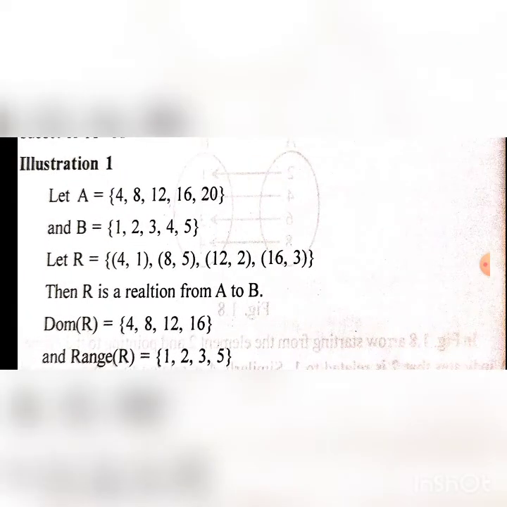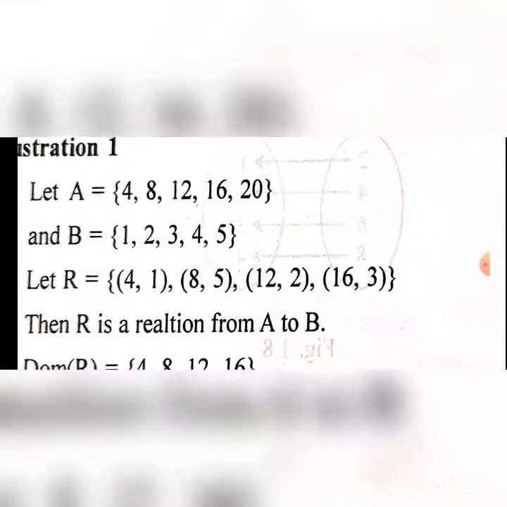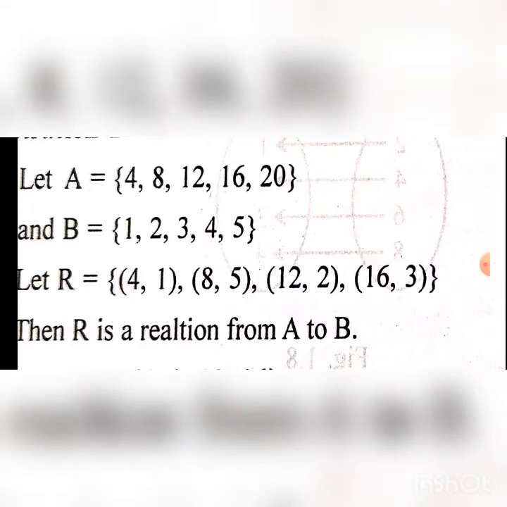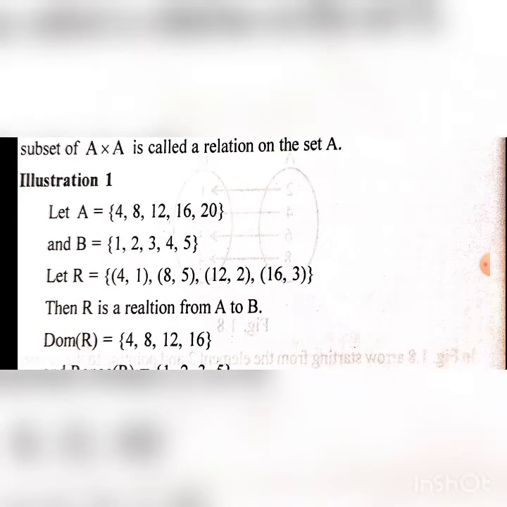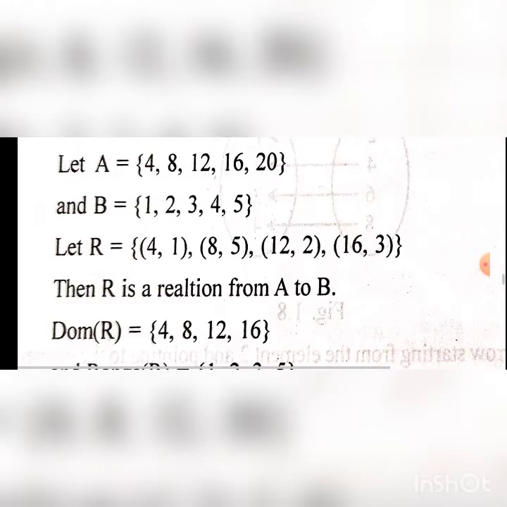Let the set A equal {4, 8, 12, 16, 20} and set B equal {1, 2, 3, 4, 5}. And we have given here a relation between A and B. Suppose R equals {(4, 1), (8, 5), (12, 2), (16, 3)}. Then R is a relation from A to B. Why do we say there is a relation from A to B?